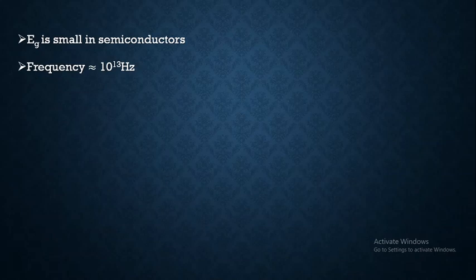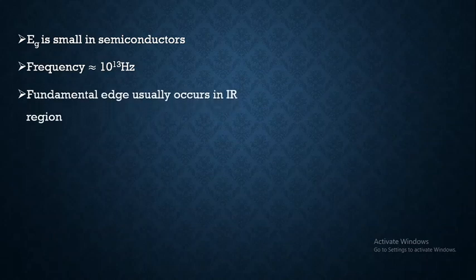When you calculate for any general value, let us say Eg is 4 electron volt or 2 electron volt, and divide by h, the Planck's constant, you get a frequency of the order of 10 raised to 13 hertz generally. And that's why we say that the fundamental edge usually occurs in the IR region, that is the infrared region, because the frequency 10 raised to 13 hertz comes under the infrared region of the electromagnetic spectrum.